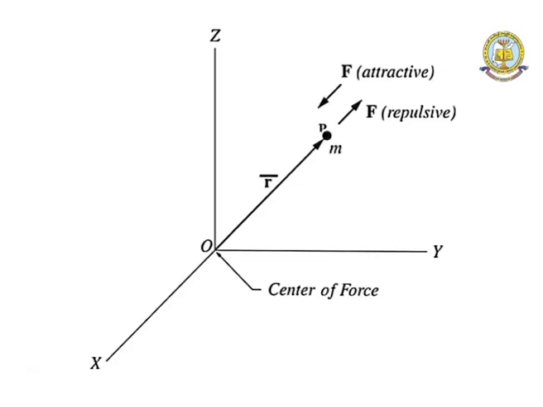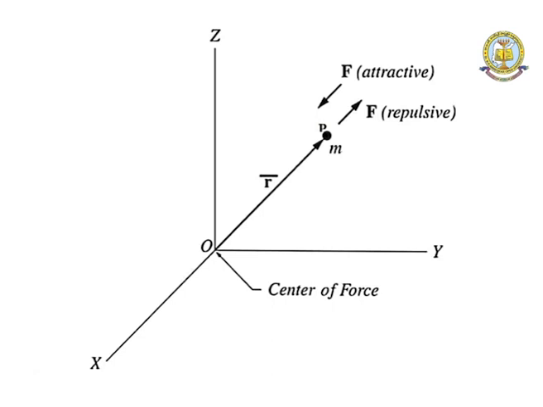Let us consider one particle, that is P. The distance OP is equal to r cap. This particle is attracted or repelled by the force. The fixed point is the center of force.